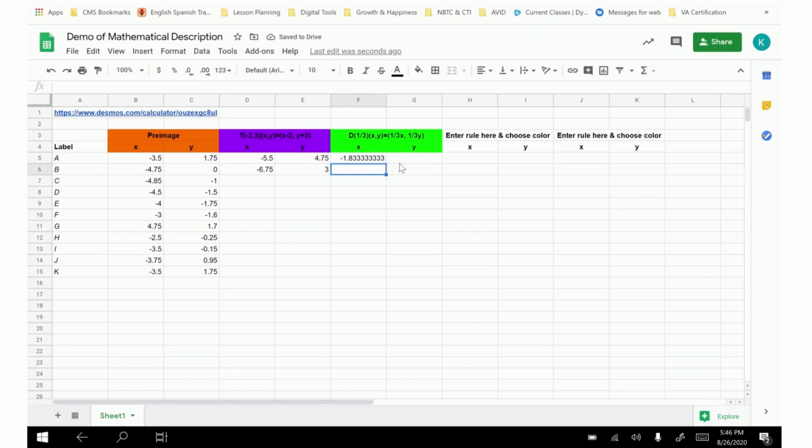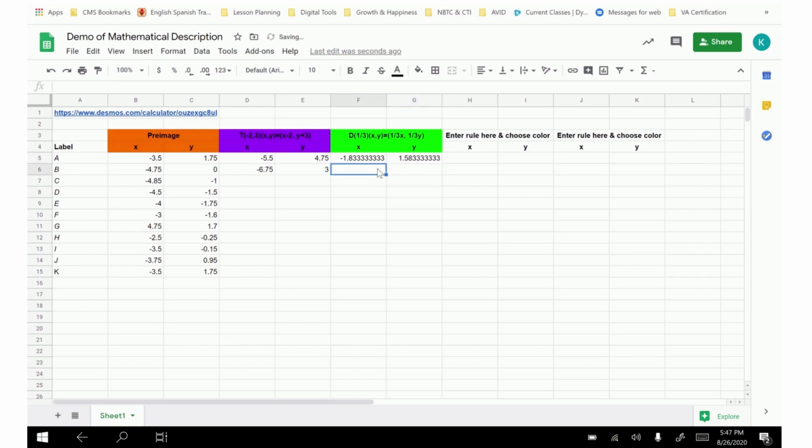Now I'm going to do my y coordinate the same way. It was 1/3 times y. So 4.75 times 1/3. I got 1.583333. So 1.58 and several threes.